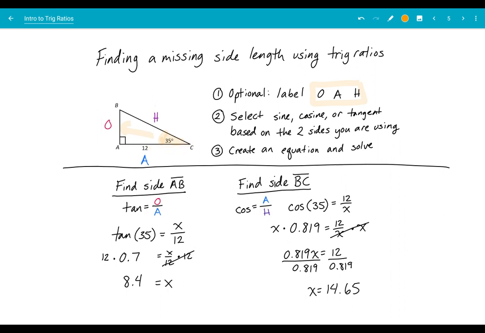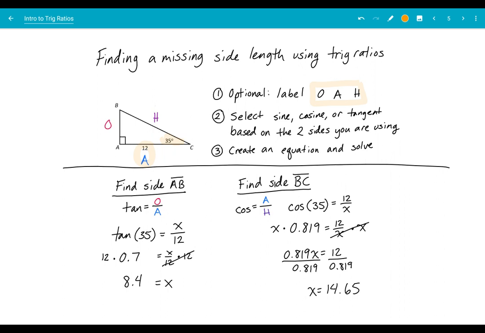That's where I get the O and the A from. It's all relative to where that angle is labeled. Next, I need to decide if I'm going to be using sine, cosine, or tangent. And in this case, because we were given a number for the adjacent side, I'm only going to use ratios that involve the adjacent side.